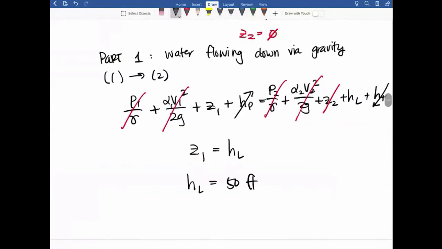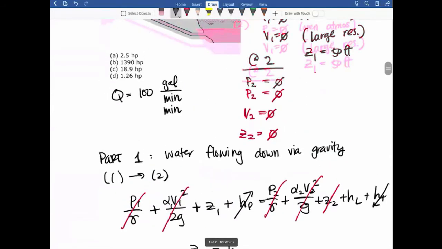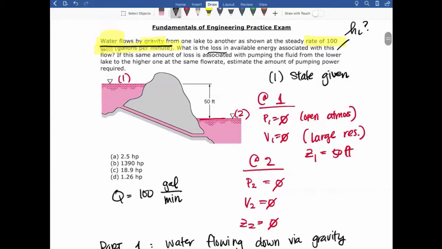Now, in the second part, it says that if the same amount of loss is associated with pumping the fluid from the lower lake to the higher one at the same flow rate, so same Q, but now we have a pump. So now we're going in this direction. Do you see that?